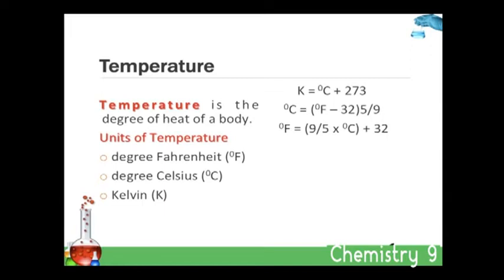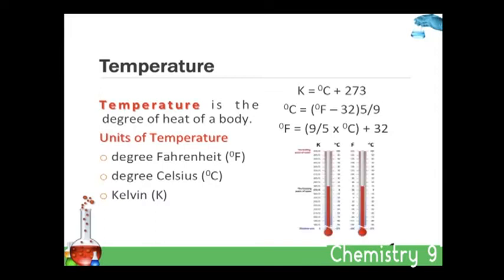Alternatively, degrees Fahrenheit equals 9 divided by 5 times degrees Celsius plus 32. You may notice that the freezing point of water is 0 degrees Celsius, which is also 32 degrees Fahrenheit.